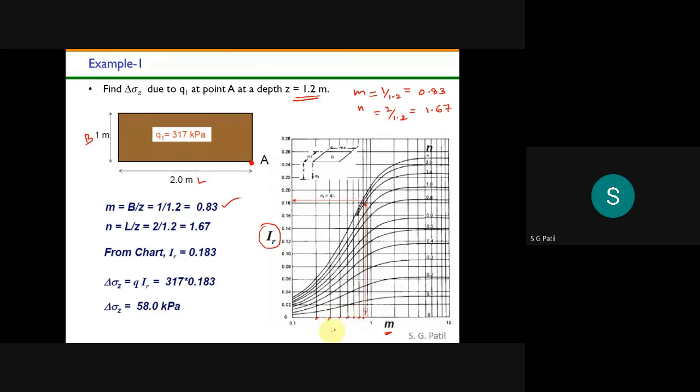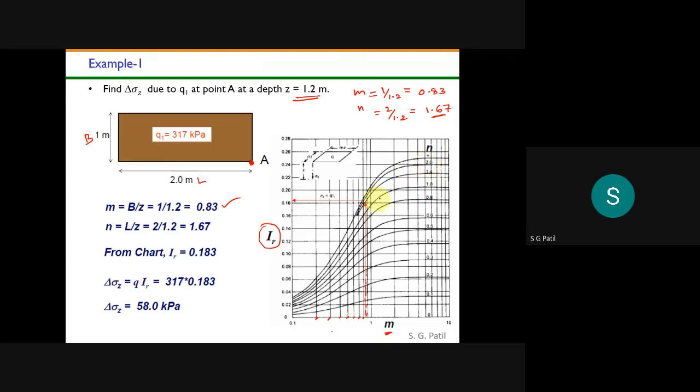Then I have to look for the 1.67 curve, n equal to 1.67. Where is my n value? These are my n values: 0.3, 0.4, 0.5, 0.8, 1, 1.4, and this is 2, right? So 1.4 and 1.6 is somewhere below this 2.